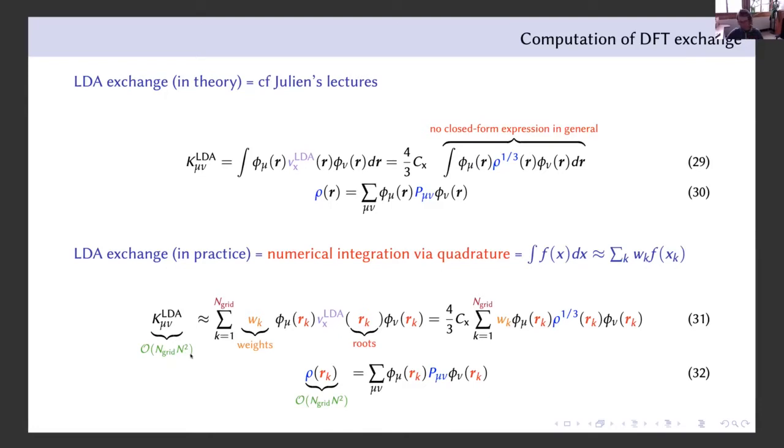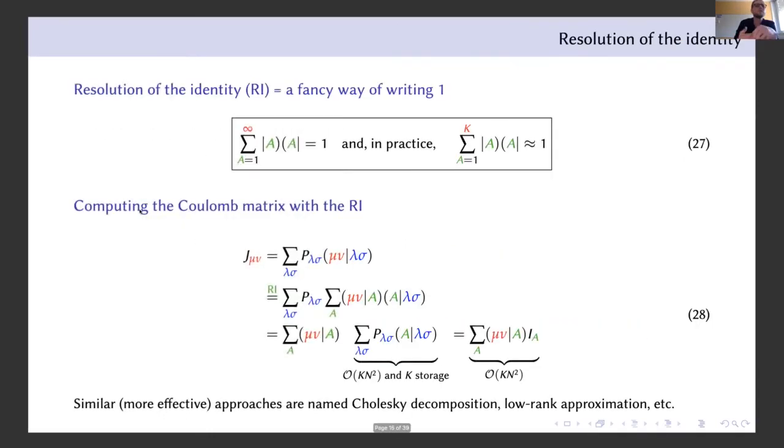Pierre-François, can I ask you a stupid question? For sure. It's about the resolution of identity. You used the resolution of identity, or let's say the closure relation, as if you were having bra and ket, but these are two-electron integrals, so there is the 1 over R12 too.